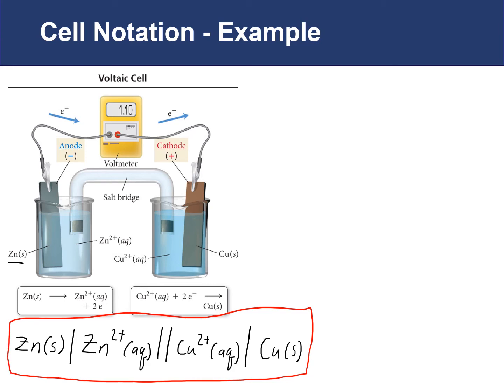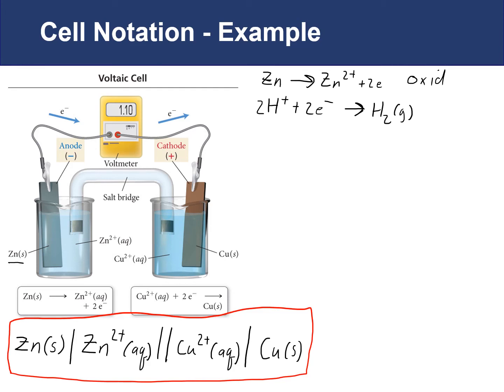Now another example, let's say we have our oxidation reaction, which is zinc goes to zinc 2+, just like we had before, plus 2 electrons. But then for our reduction half reaction, we have what we will call our standard hydrogen electrode, which is 2H+ plus 2e- goes to give H2 as a gas.